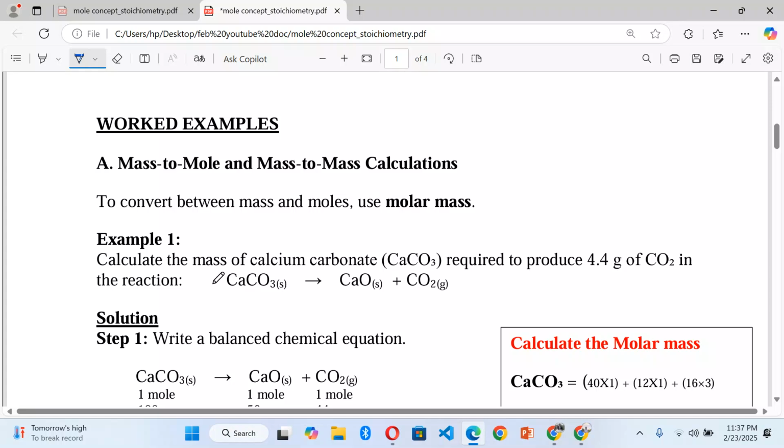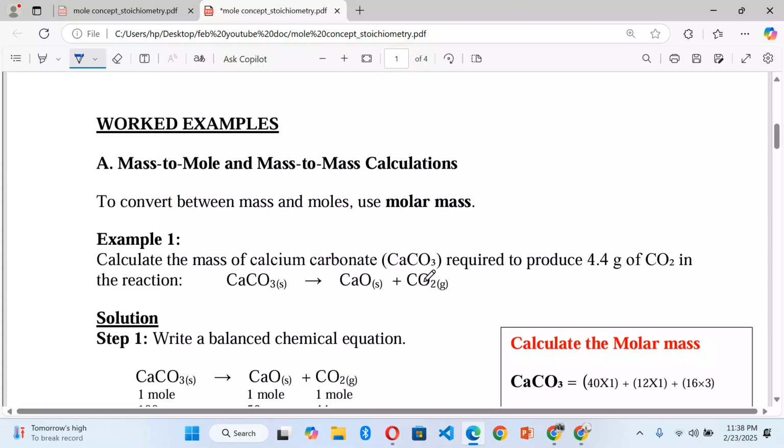The first example says: calculate the mass of calcium carbonate required to produce 4.4 grams of carbon dioxide in the reaction. As we recall, stoichiometry helps in calculating quantities, showing the relationship between the products and the reactants. In this case, we have calcium carbonate decomposing to form calcium oxide and carbon dioxide gas.